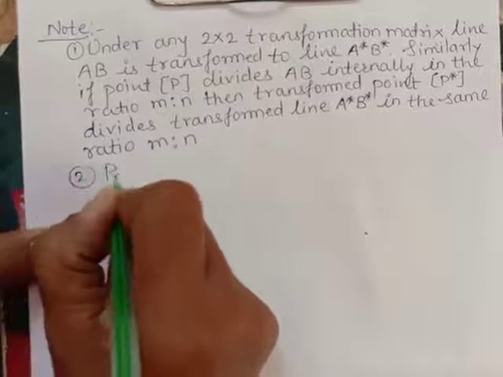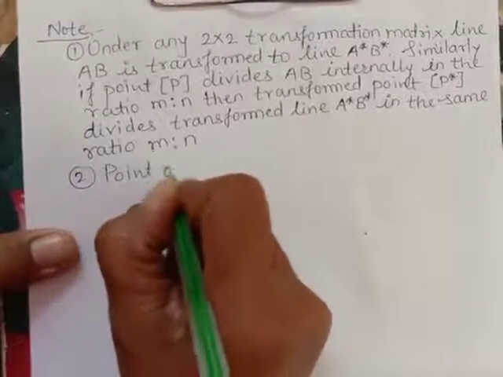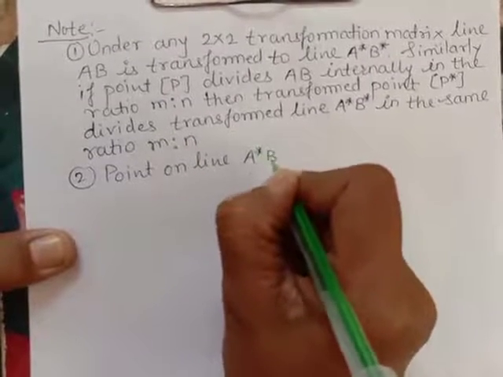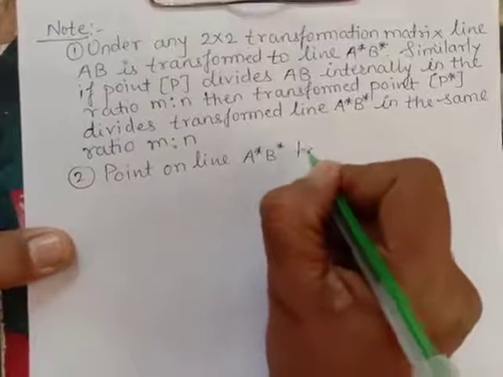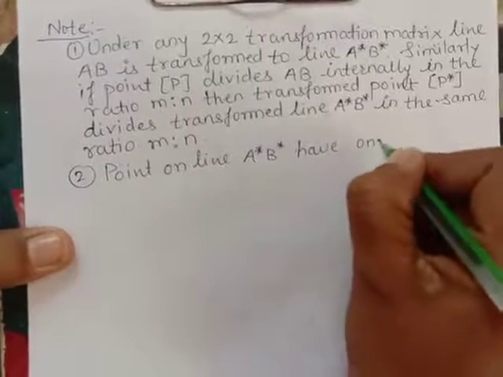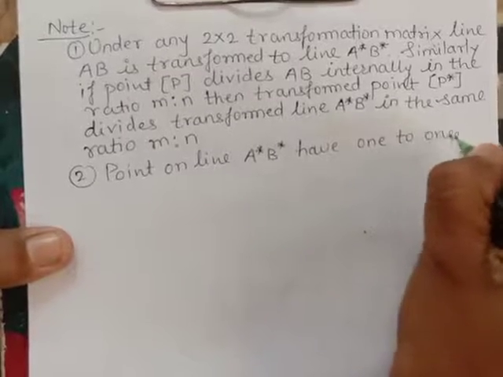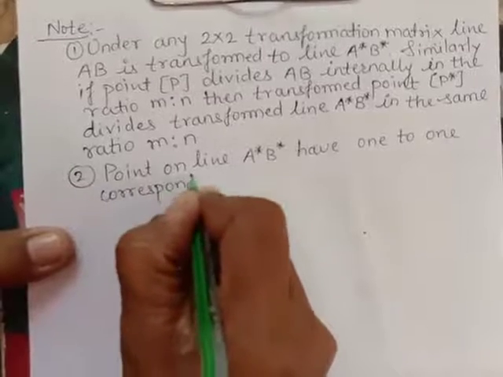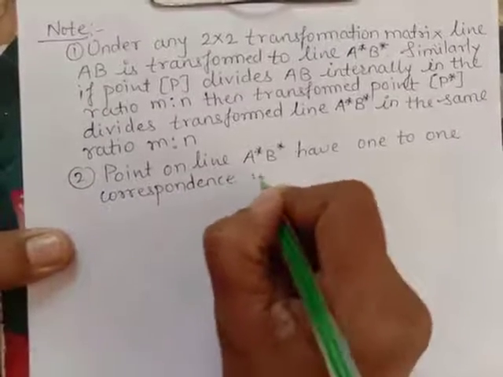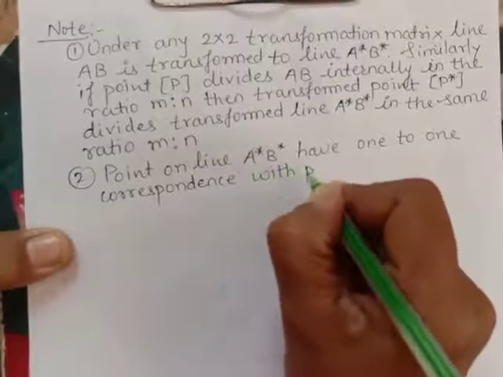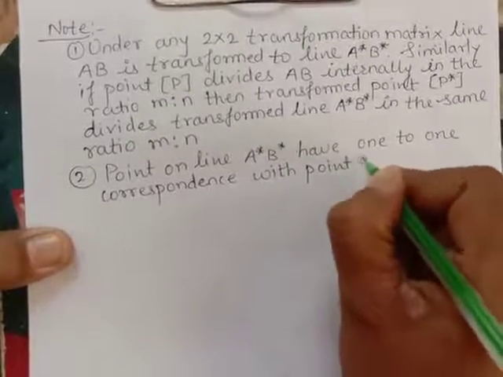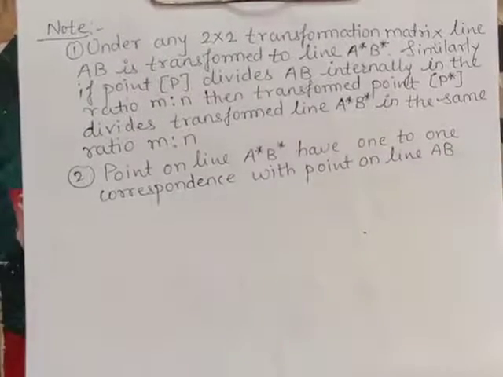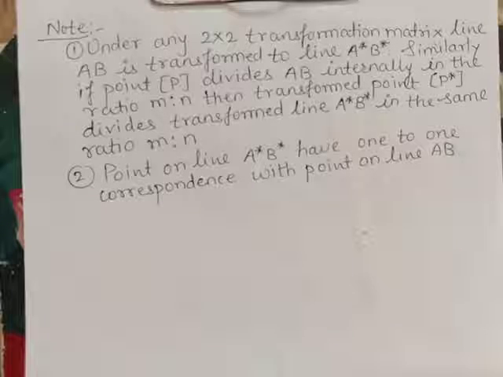Second note: points on line A star B star have a 1-to-1 correspondence with points on line AB.